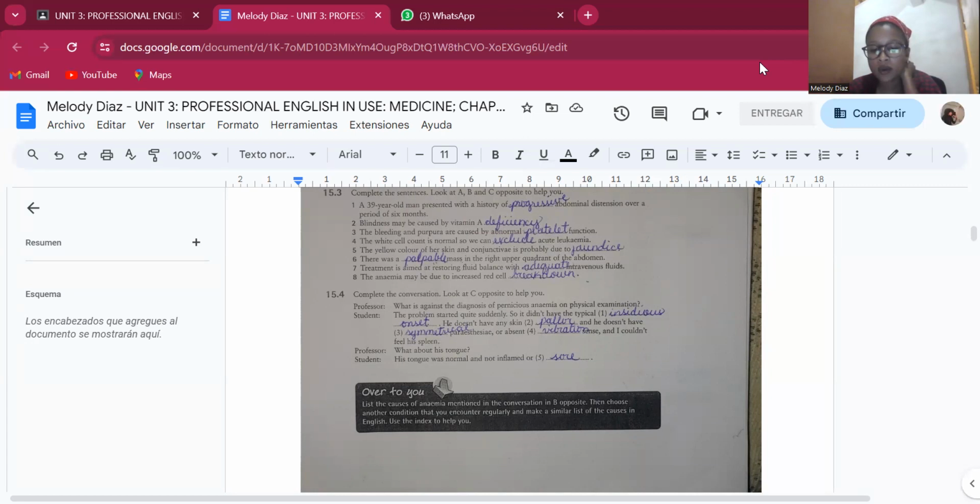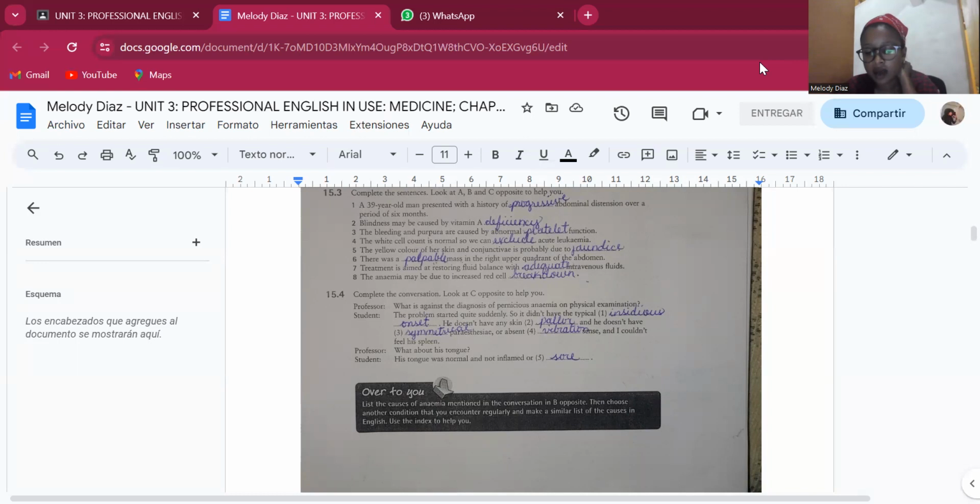Professor, what is against the diagnosis of pernicious anemia on physical examination? Student, the problem started quite suddenly, so he doesn't have the typical insidious onset.